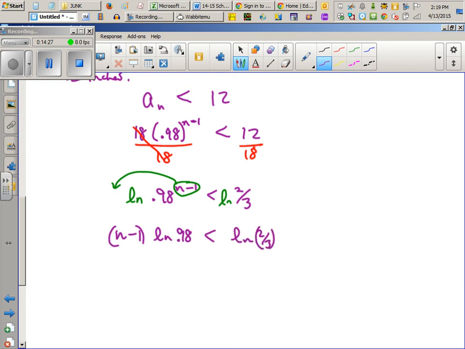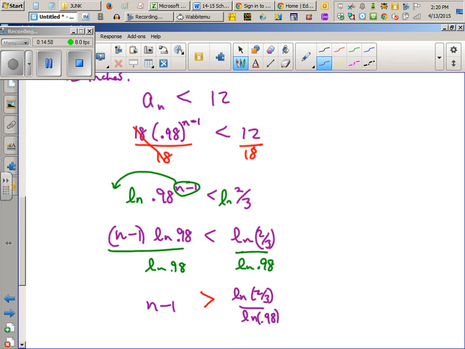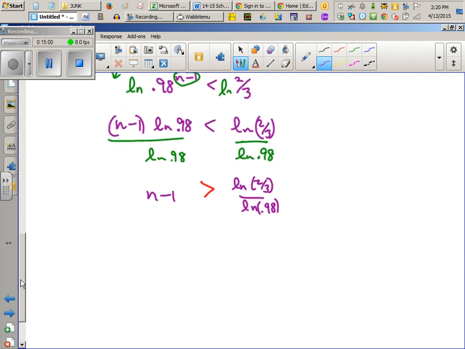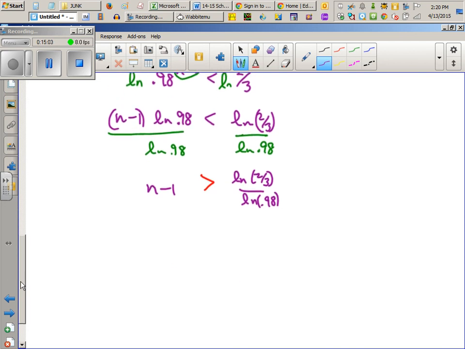I need to isolate n, so I'm going to divide by ln 0.98. But what you may not realize at this point is that ln of anything less than 1 is negative, so technically this is going to flip around. So the inequality just reversed, and that's because ln 0.98 is negative. ln of anything less than 1 is negative. Even ln 2/3 is actually negative, but we didn't divide by that. So I flipped that thing around.